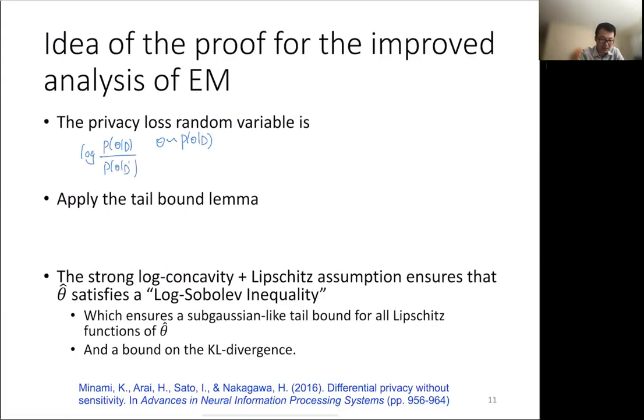Let's see what this looks like. We know that this is sampling from a posterior distribution, so each one of these P is equal to e to the power of the sum, i from 1 to n, of the log likelihood.